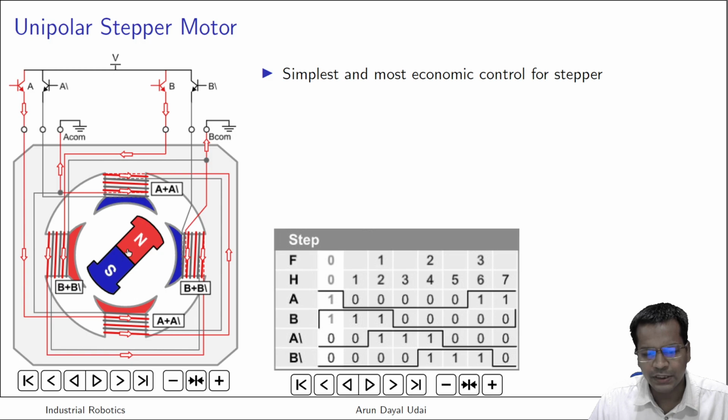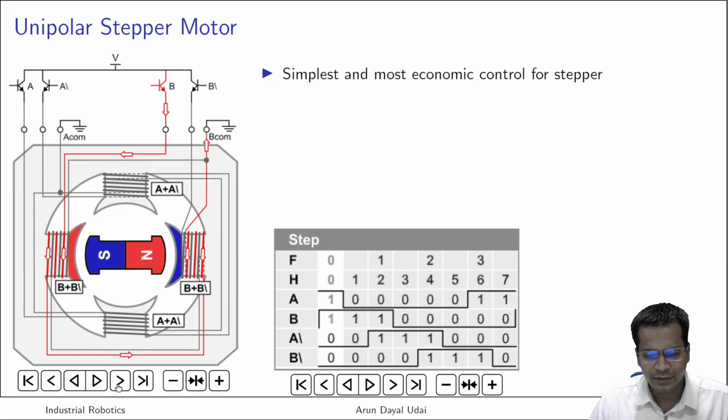So the armature is stationary, it remains over here as long as A and B are like this. Got it? Next step, I'll take it to the next location. I have switched off A and left only B as high.